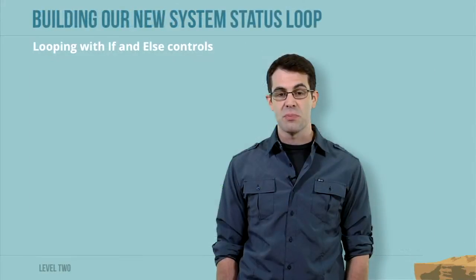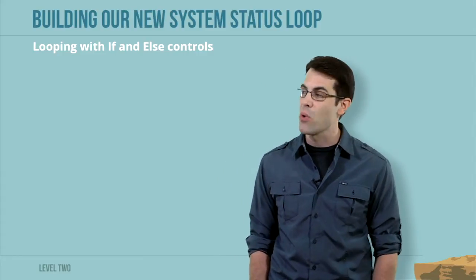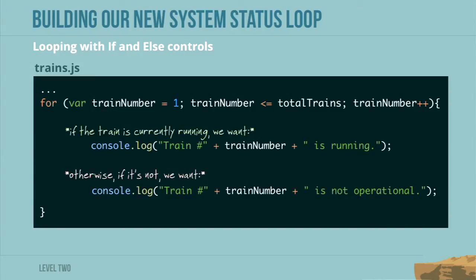Now that we've got some experience with an if and an else block, let's go see if we can make a difference in our problem. Our original problem was that we needed to figure out whether a train was running or whether it wasn't inside one loop. And now you can probably see how we would use an if and an else to make that situation work out.